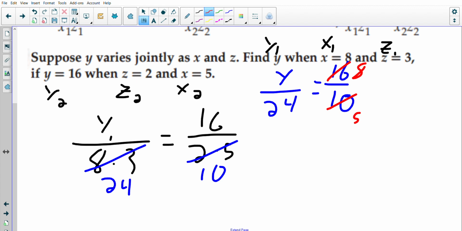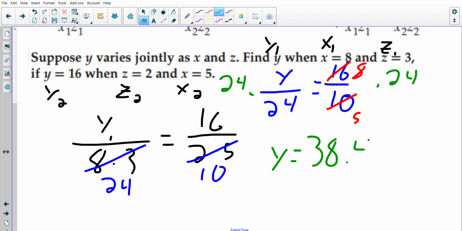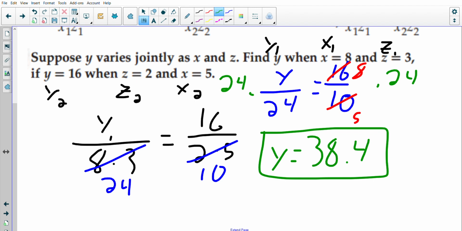So now I'm just going to multiply by 24 on both sides. So when I multiply by 24 on both sides, I end up with y is equal to 38.4. And there we go. So remember, you won't always get a whole number. You might get a decimal.